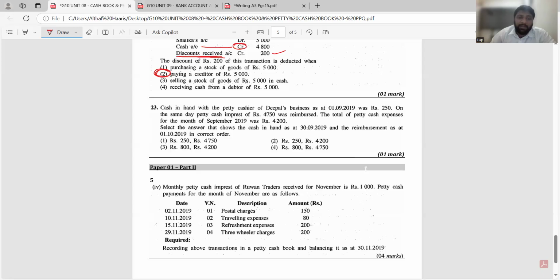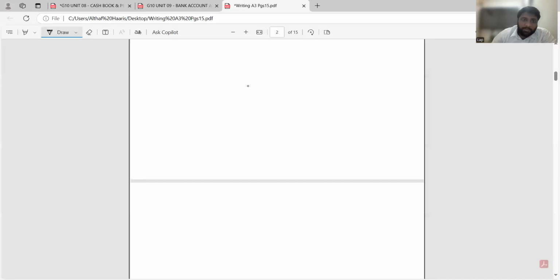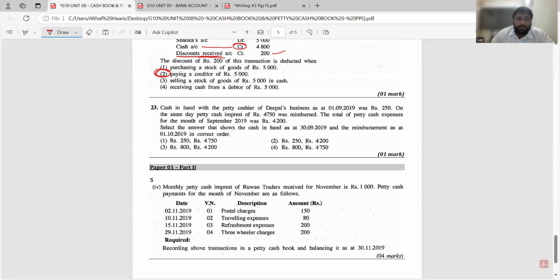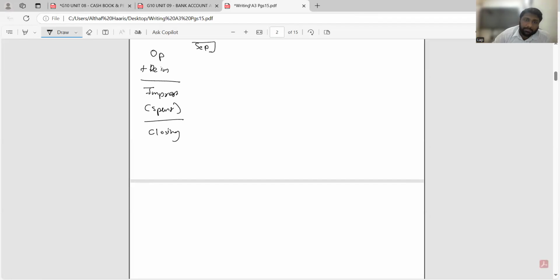So here again we'll put the format. Opening plus reimbursement, which is the imprest, minus the spend, equals closing. So here the opening balance in the month of September was 250.